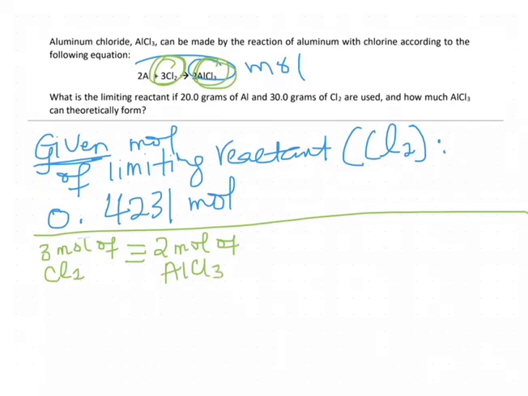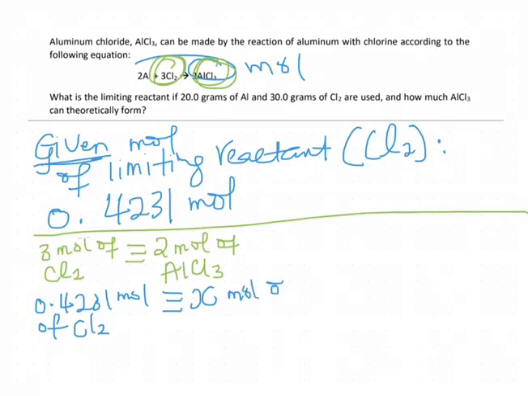The given mole of chlorine is 0.4231 mole, and over here we put X mole of AlCl3.